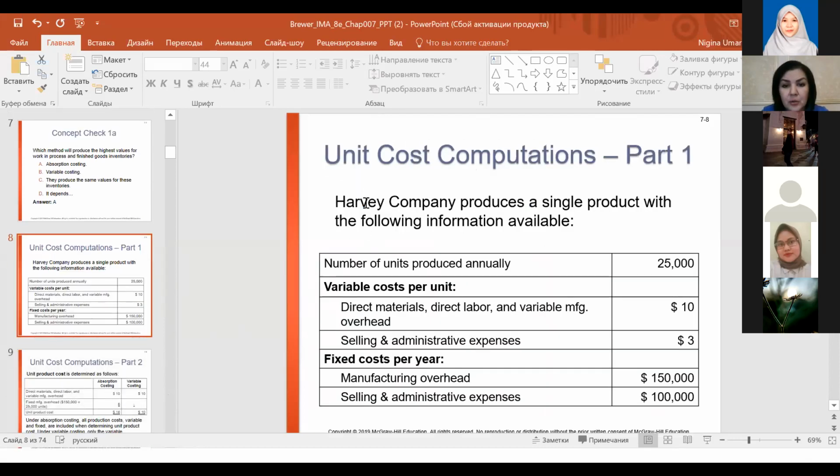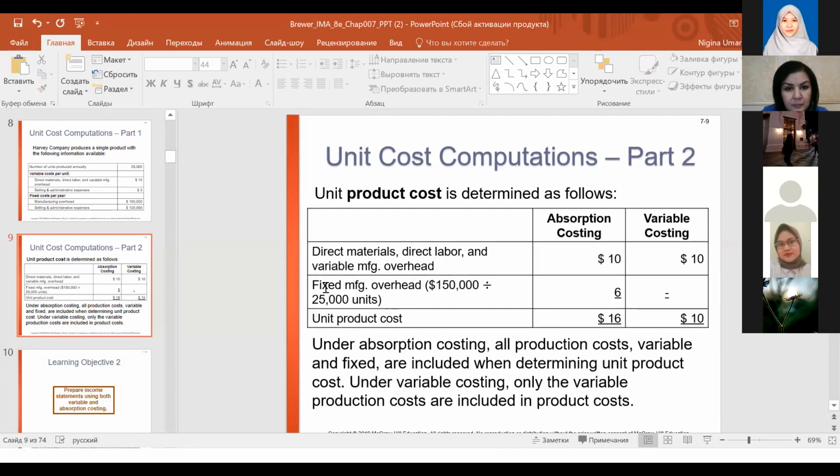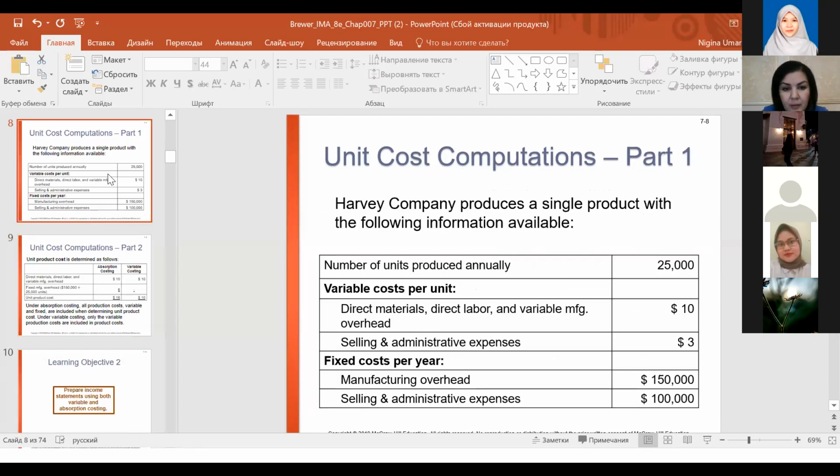Okay, now let's look at the example. Unit cost computation. How to calculate unit cost? A company produces a single product with the following information available. Number of units produced annually: each year the company produces 25,000 units.